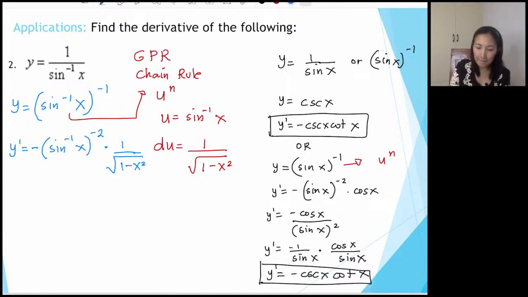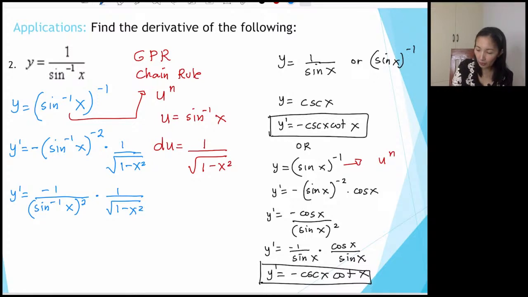Simplifying further, y prime is equal to negative 1 over arc sine of x raised to the second power times 1 over the square root of 1 minus x squared.